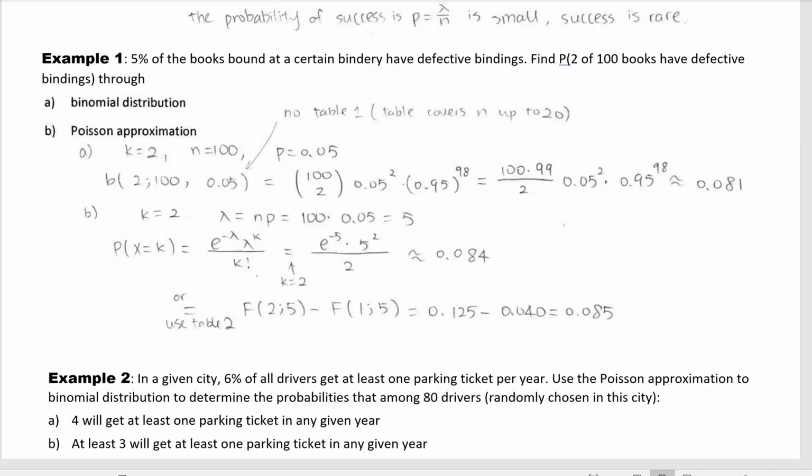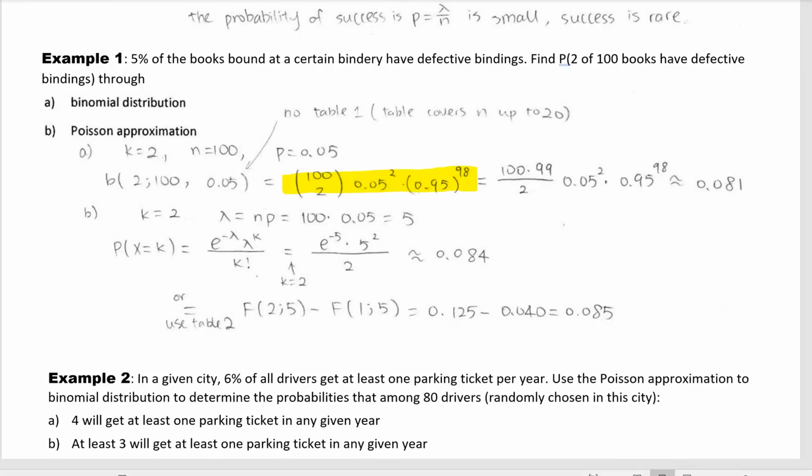This is the formula. Remember, we have 100 trials, we have 2 successes, so the probability of success is 0.05, and how many failures? 98 failures. So this is the PMF of the binomial distribution.